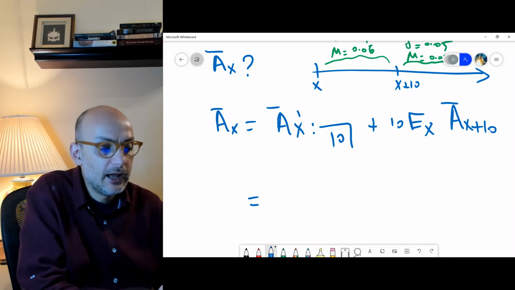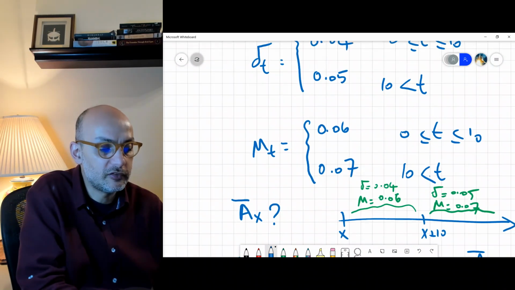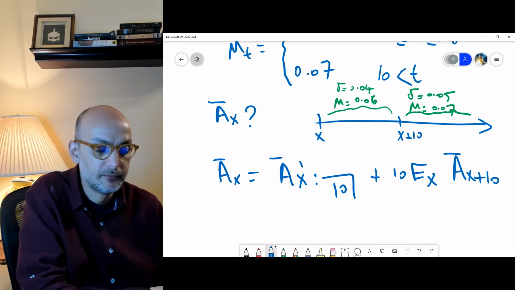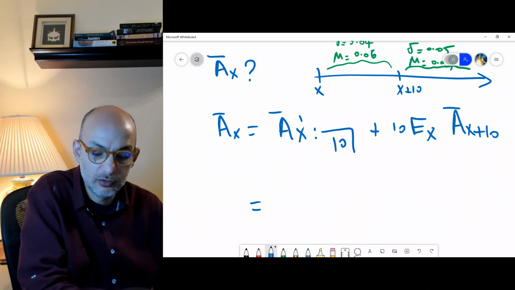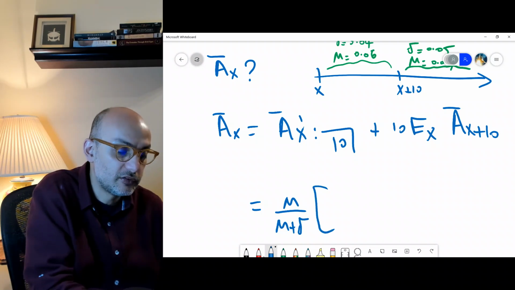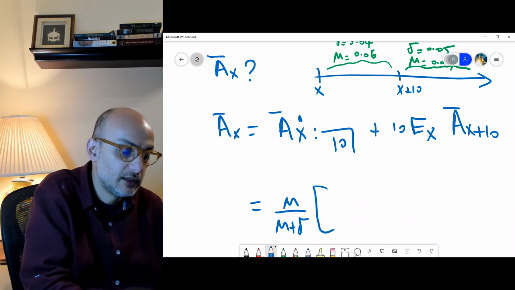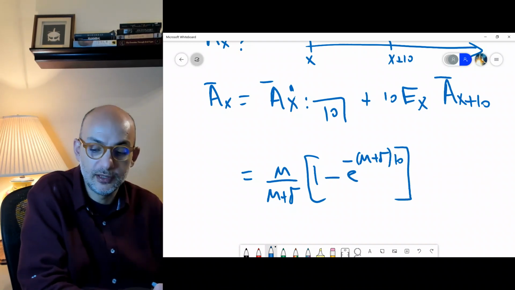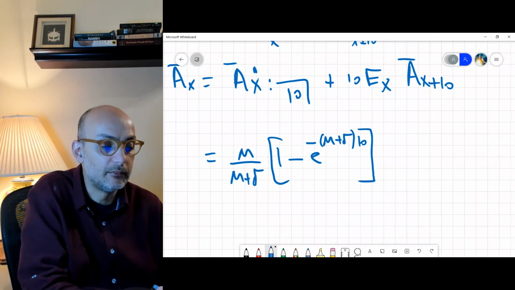This one, and what form is this relationship? It's clearly the exponential distribution, because we have mu. In exponential distribution, if you recall, this is something you can remember quickly, mu over mu plus delta, but because it's a term insurance, you have 1 minus e to the minus mu plus delta for 10 years. You don't need to integrate anything because you should have memorized it by now.